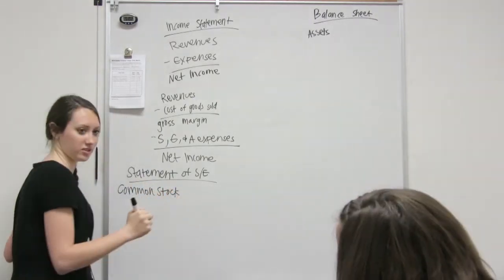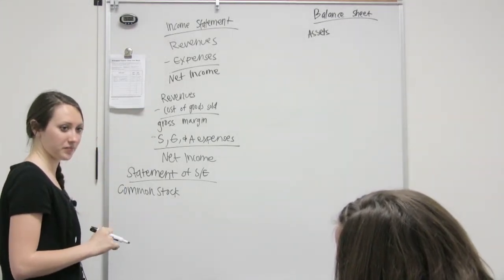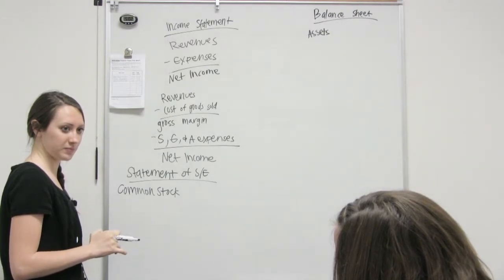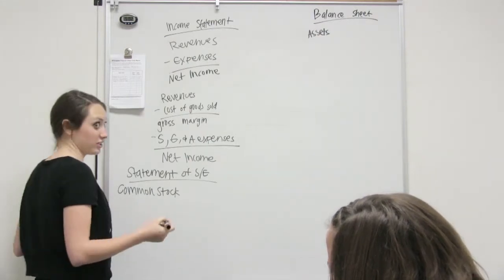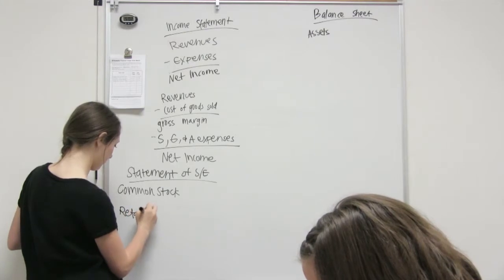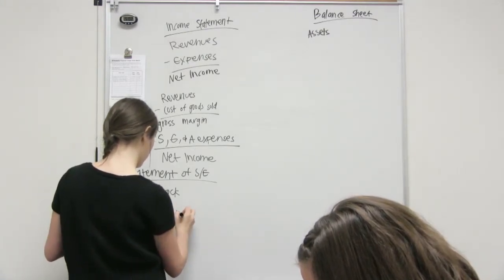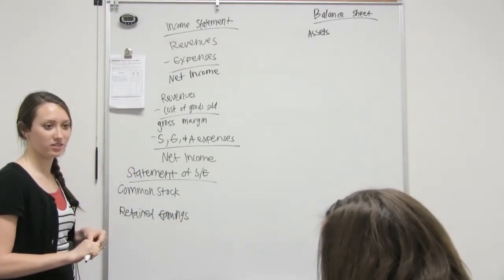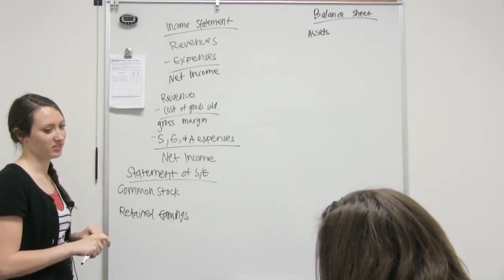And then what's the second part? You'll have common stock and then you'll have retained earnings. Do you remember the three things that affect retained earnings? You won't necessarily list them.